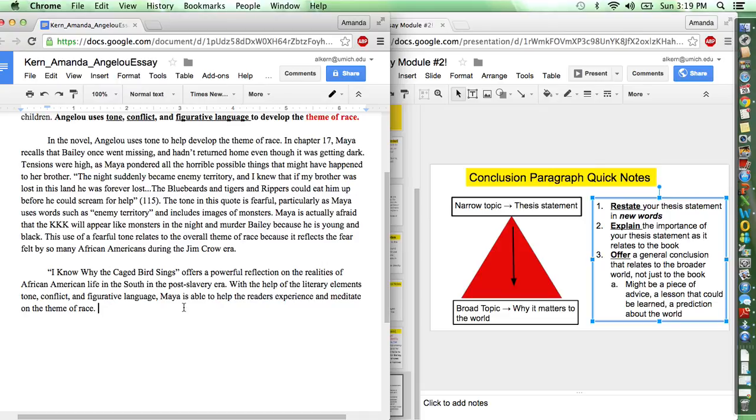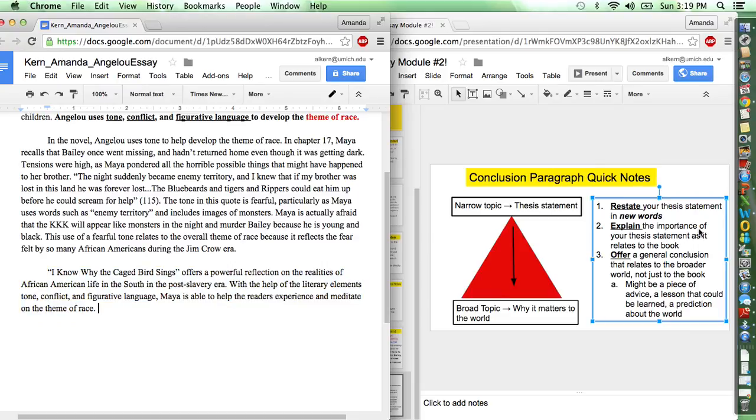If we look at my conclusion paragraph so far, you'll see that it's basically the exact same thing as my thesis statement up here. It's just written out in a more detailed kind of way, and it's stretched over 2 sentences so that I can really explain what I want my readers to understand about my thesis statement.